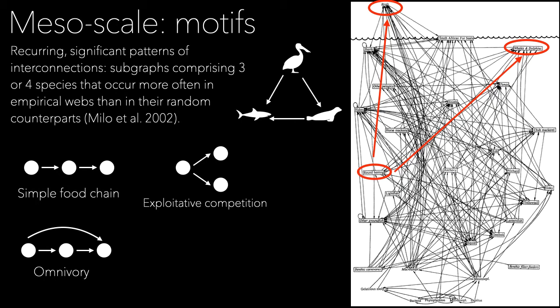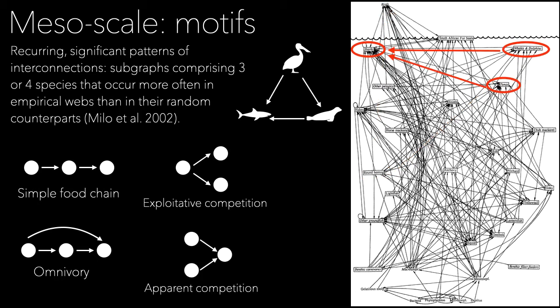Hence the name exploitative competition. We can imagine that if the population of whales increases over a certain threshold, this is going to affect birds in such a way that their population is likely to decrease, and vice versa.